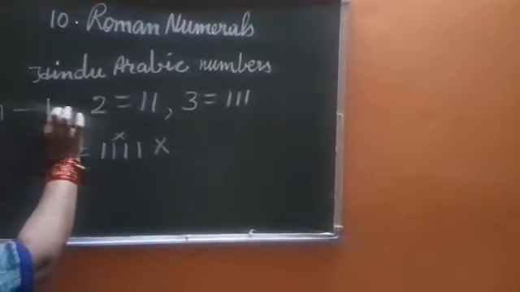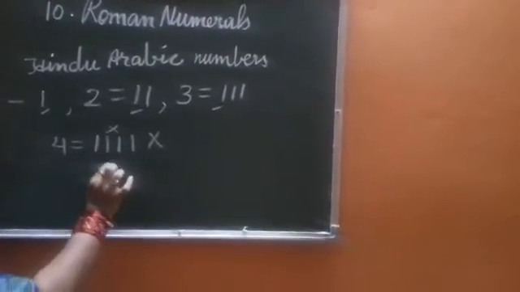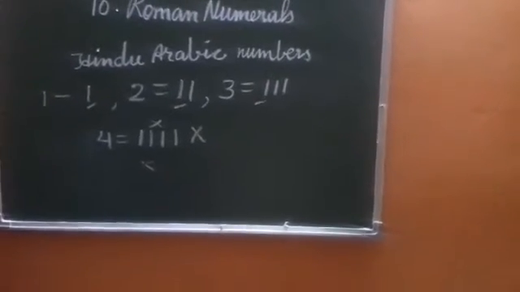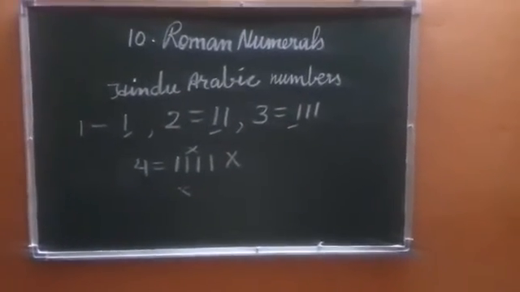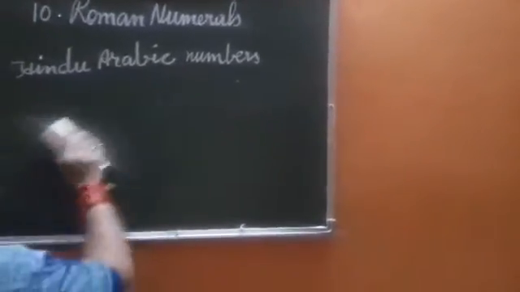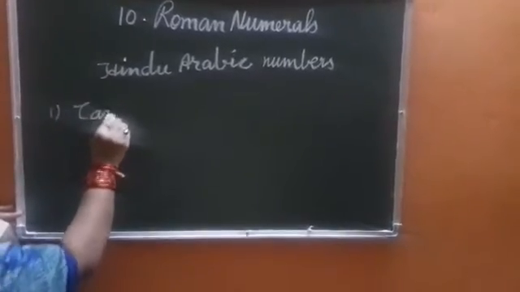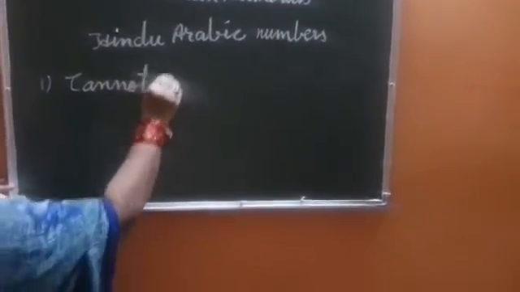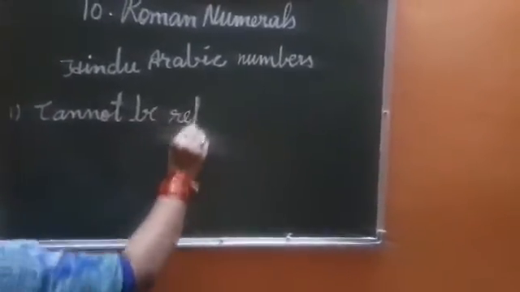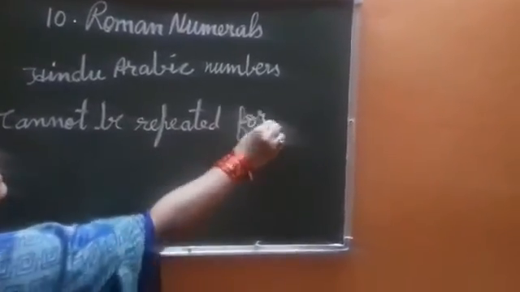We can write 1, then double I as 2, triple I as 3, but for 4 we cannot use 4 I's. So this is the first rule, that a Roman number can be repeated only up to 3 times only. A Roman number cannot be repeated for more than 3 times.